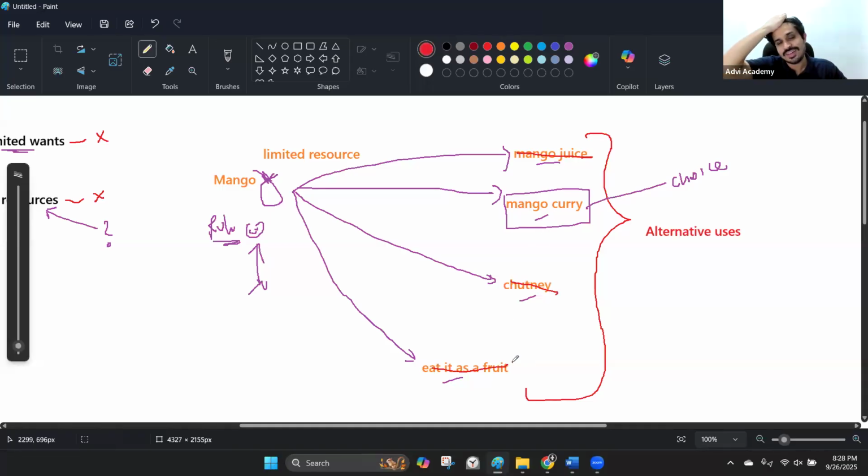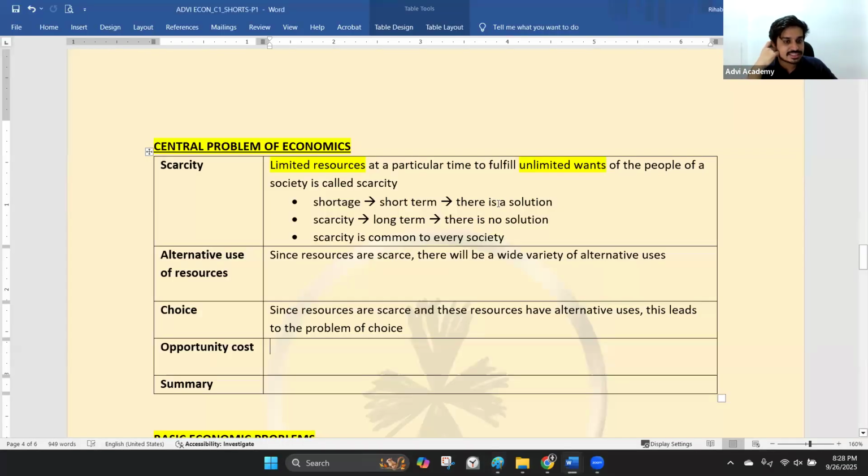He has let go of all the other 3 options that he has. Those are what we call a trade-off. As in, I am going to pick the mango curry and because of this, my sacrifice is the juice, the chutney, and the fruit. That is basically what I'm sacrificing. Those are called trade-offs. But we are sacrificing, end of the day, saying that we have to sacrifice this, right?